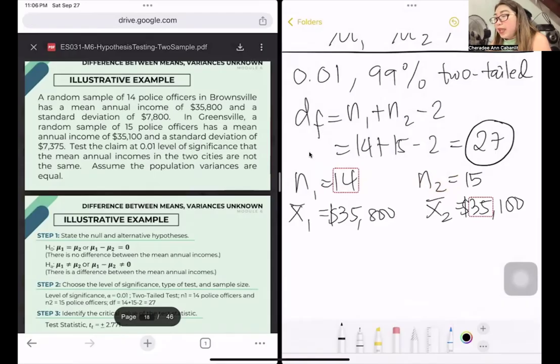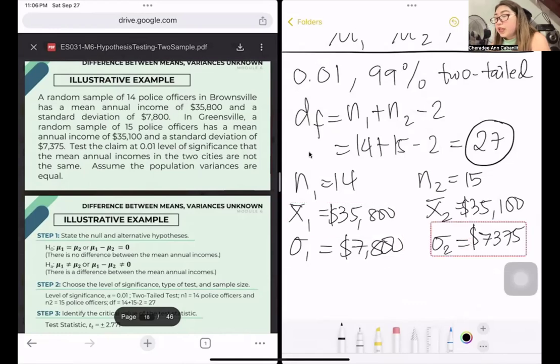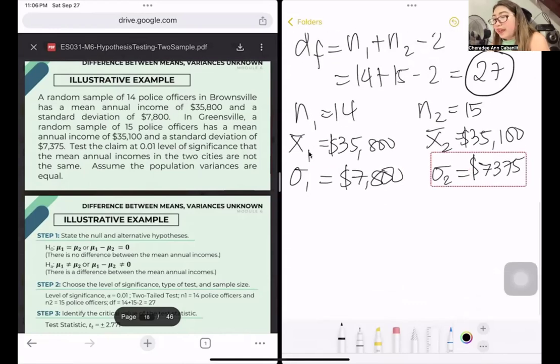Your standard deviation 1 is 7.8, and the standard deviation of the second sample is 7.375. Okay, those are the given values.